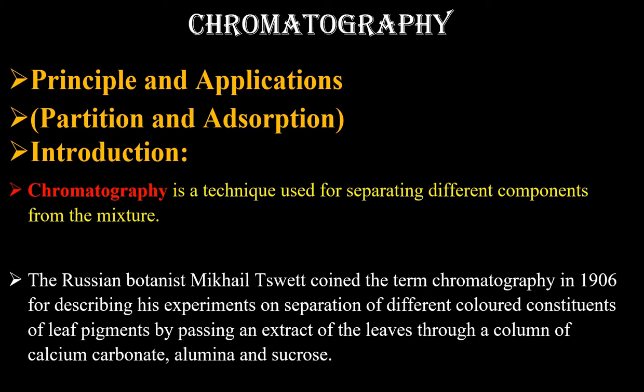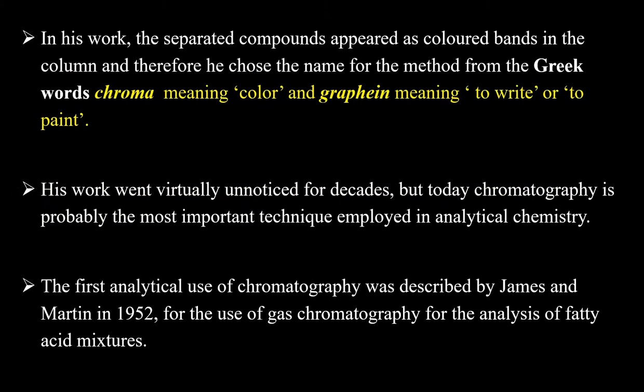What is chromatography? First of all, it is a technique used for separating different components from the given mixture. The Russian botanist Mikhail Tsvet coined the term chromatography for describing his experiments on separation of different color constituents of leaf pigments by passing an extract of the leaves through a column of calcium carbonate, alumina, and sucrose.